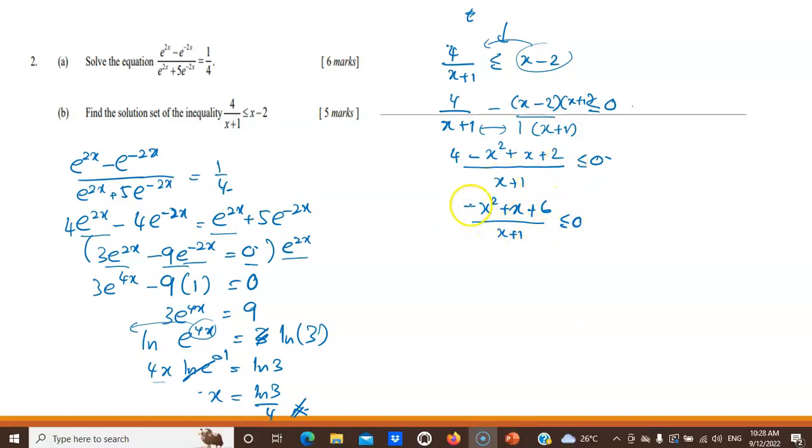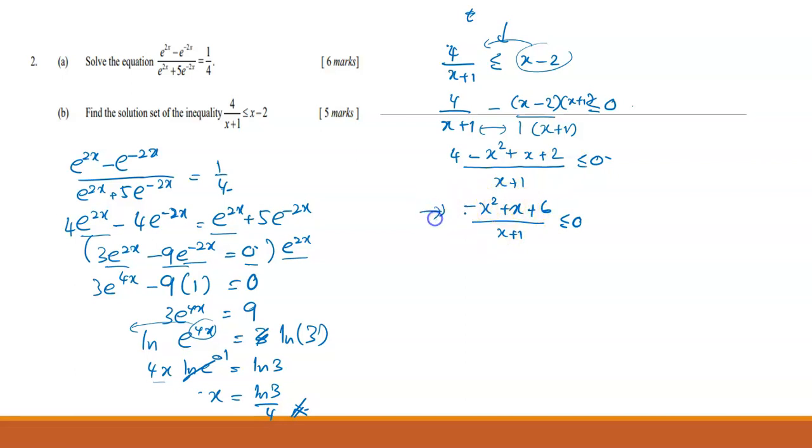Now let's see if we can factorize the numerator here. We have negative x and x, and 6. 6 is either the combination of 1 multiplied with 6 or 2 times 3, and the difference here is positive 1. But don't forget that we have the coefficient of x squared, which is negative 1.